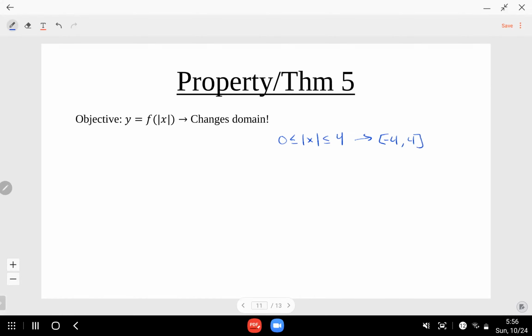So therefore, we need this graph here. This is our example, and if we did absolute value on it, it would look like a mustache, because this changes the domain and makes it bigger. Just multiply the domain by 2. So we're going to have this kind of mustache shape right here.